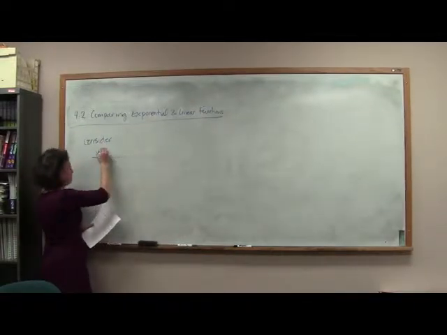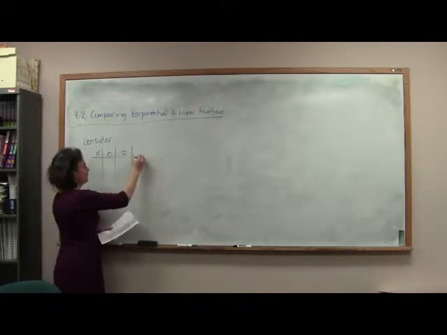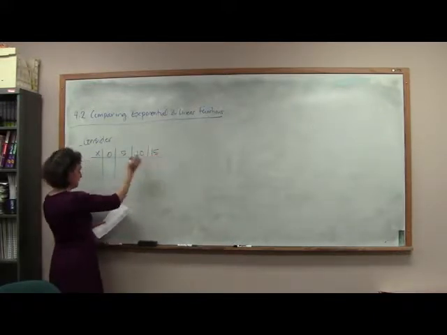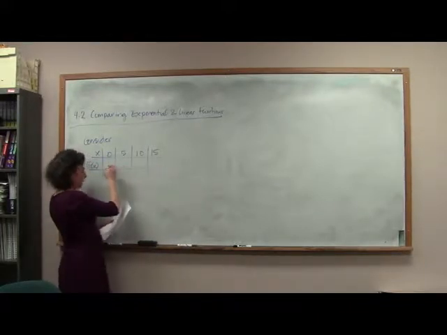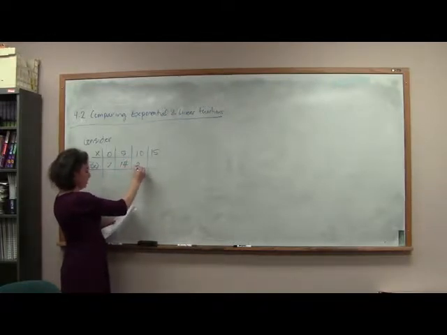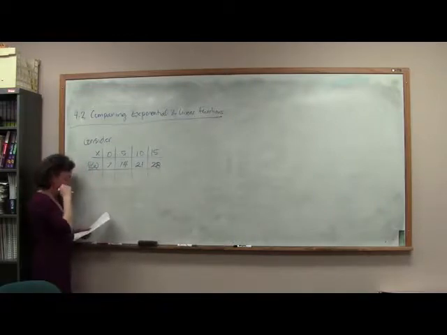Suppose we have this big table. So x is 0, 5, 10, 15. And suppose I have a function f of x, and we have 7, 14, 21, 28.